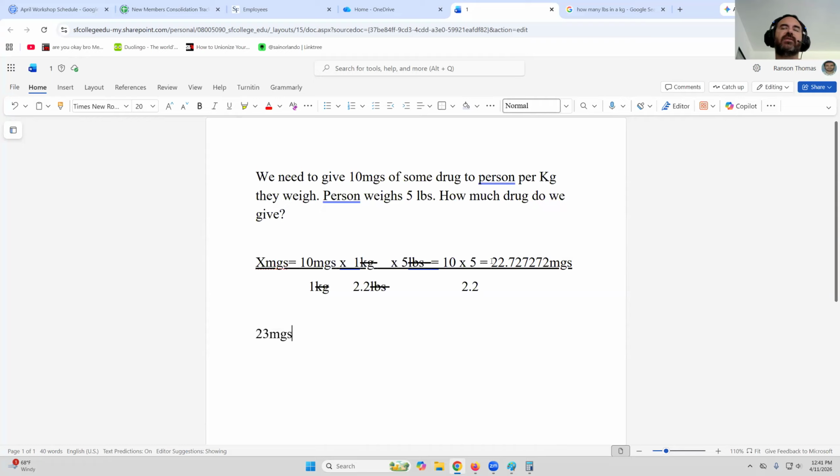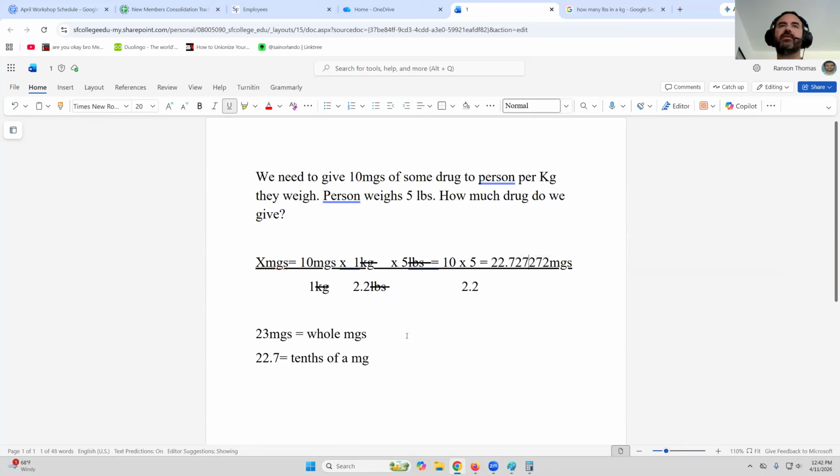If I asked you to round to the nearest 10th of a milligram, it'd be 22.7 milligrams, right? Now, just for the sake of argument, to show you how this works, if I asked you to round to the nearest hundredth of a milligram, which I can't imagine anybody ever would, that would mean we say, okay, here's our whole numbers, tenths, hundredths.